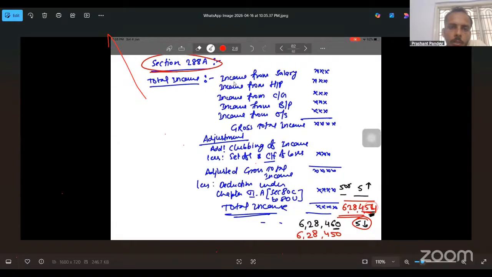Now, in order to compute the total taxable income of the SSC, one concept you must know is residential status, because the tax system differs depending on the residential status of the SSC. So one chapter we need to cover is residential status, before we go ahead with the computation of total income. You should have some basic idea about the residential status.